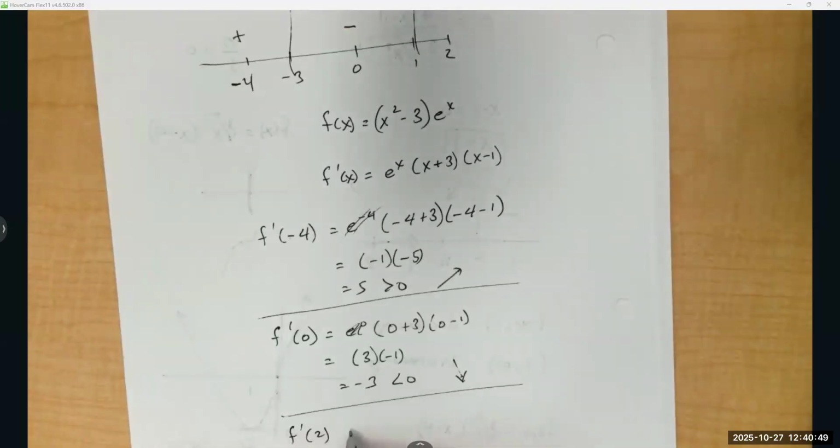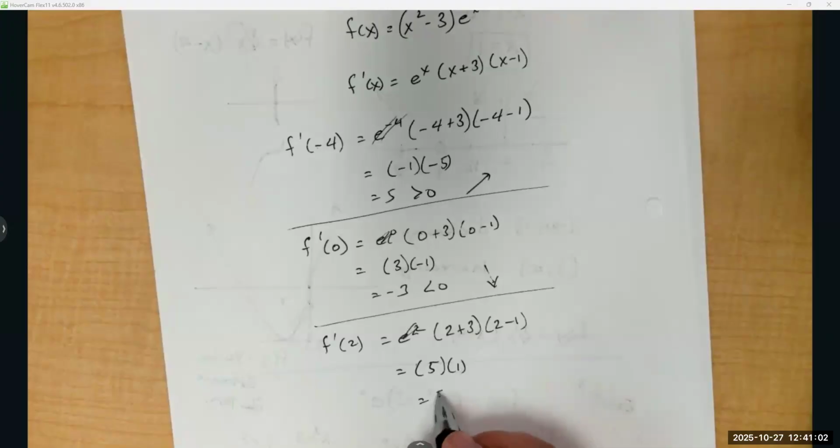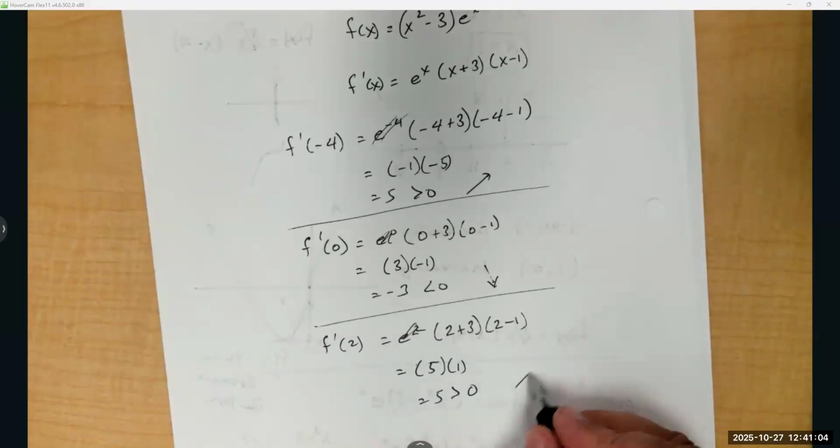And the last one is at 2. e to the 2, times (2 plus 3), times (2 minus 1): 5 times 1 is positive, so it's increasing.